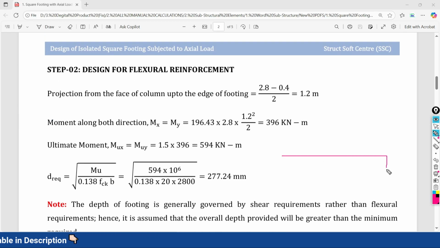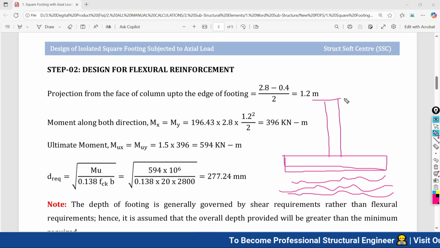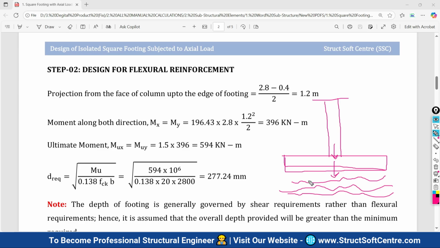Try to understand the concept of flexural behavior of your foundation. This is your foundation and this is your column, and below the base of the foundation there is the soil. The load acts through your column to your foundation, and then it is transferred to the soil.